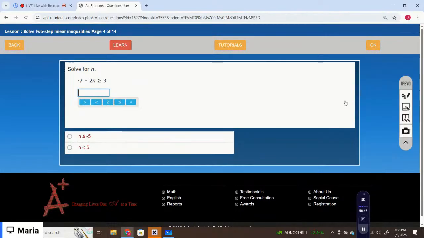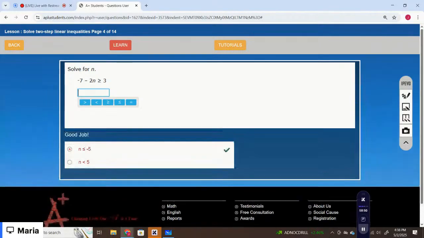N is less than or equal to negative 5. Option number 1 is the correct option.